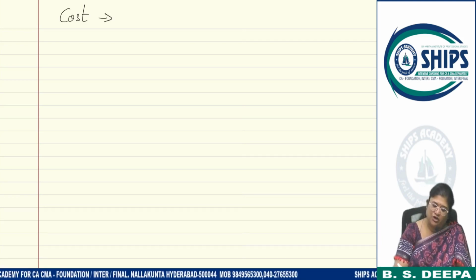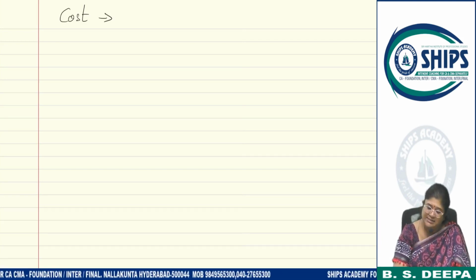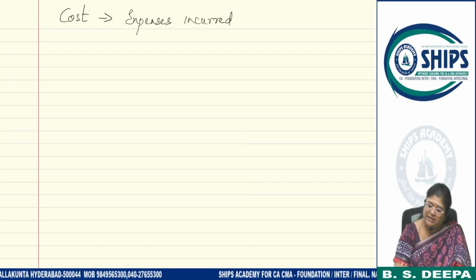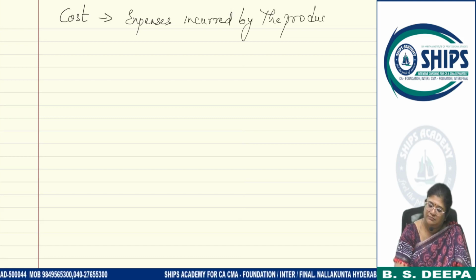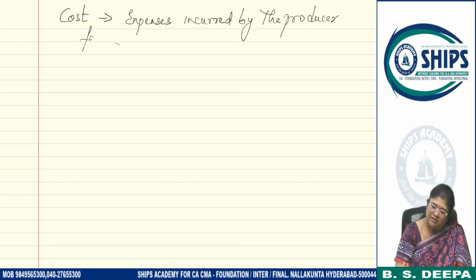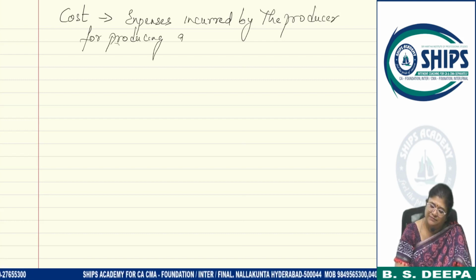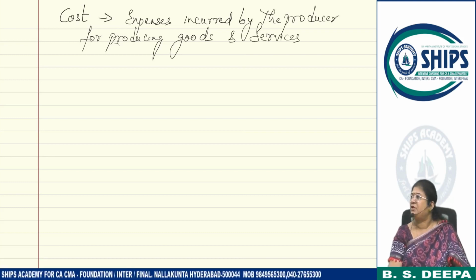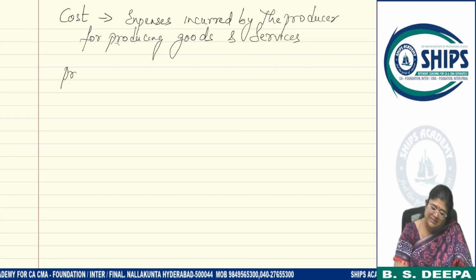So here, cost is the expenses incurred by the producer for producing goods and services. Whereas price is what?